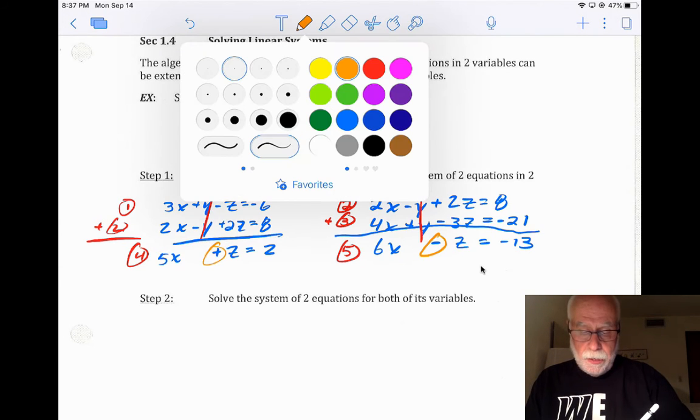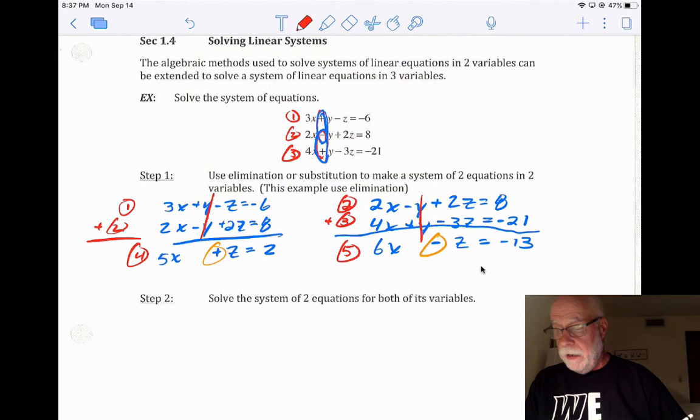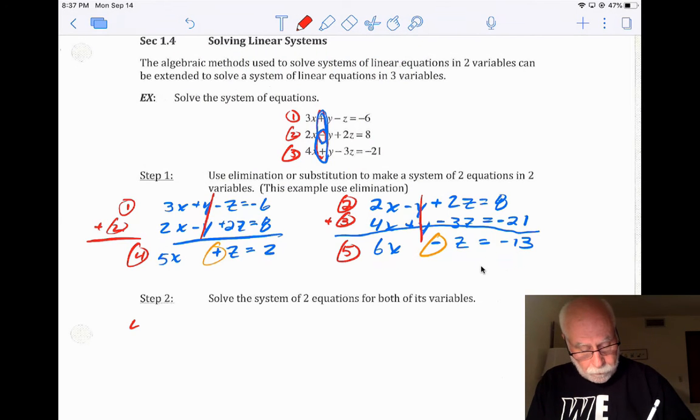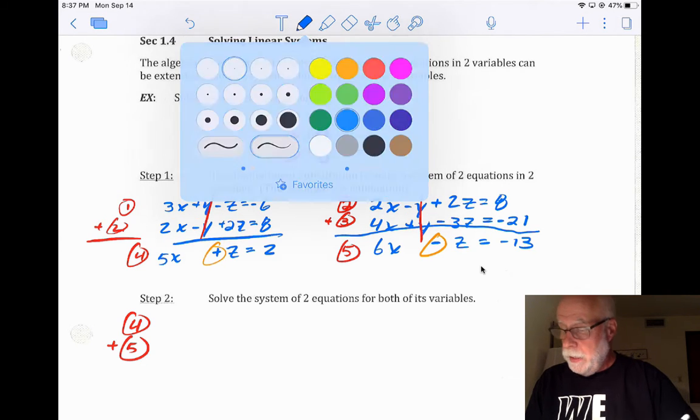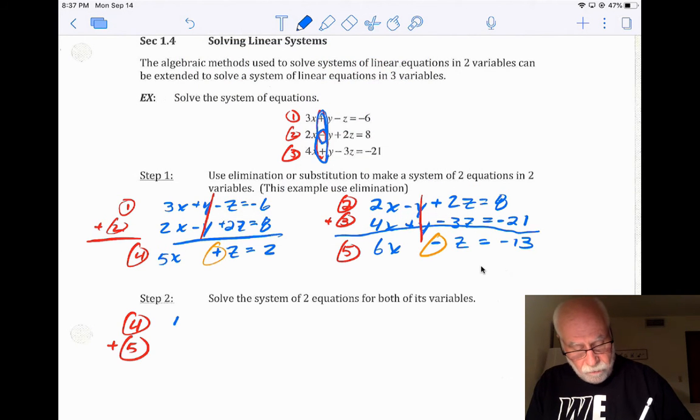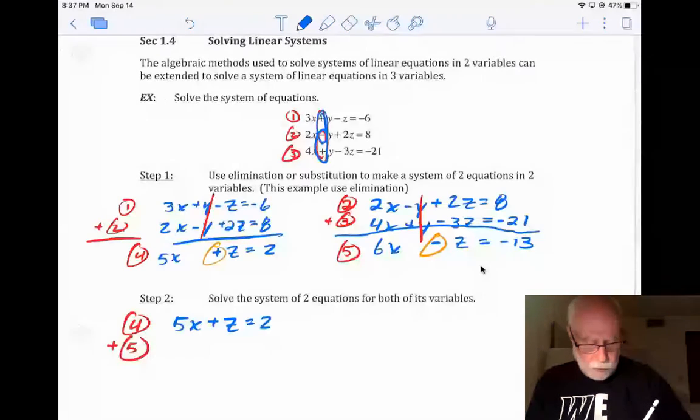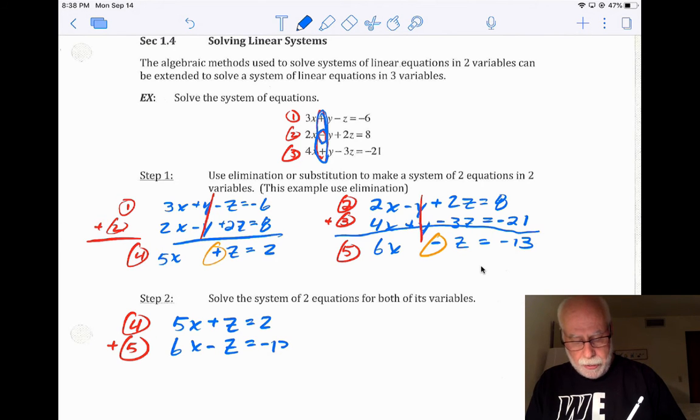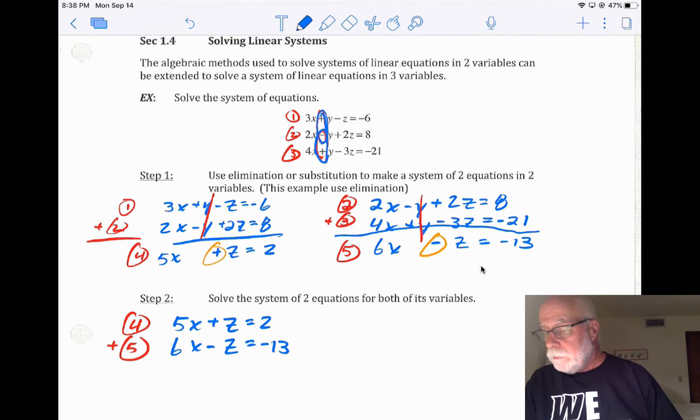So on this one here, again, I'm just going to add 4 plus 5. And again, I'll change that to blue. And in this case, I'll have 5x plus z is equal to 2. And then I'll have 6x minus z is equal to negative 13.